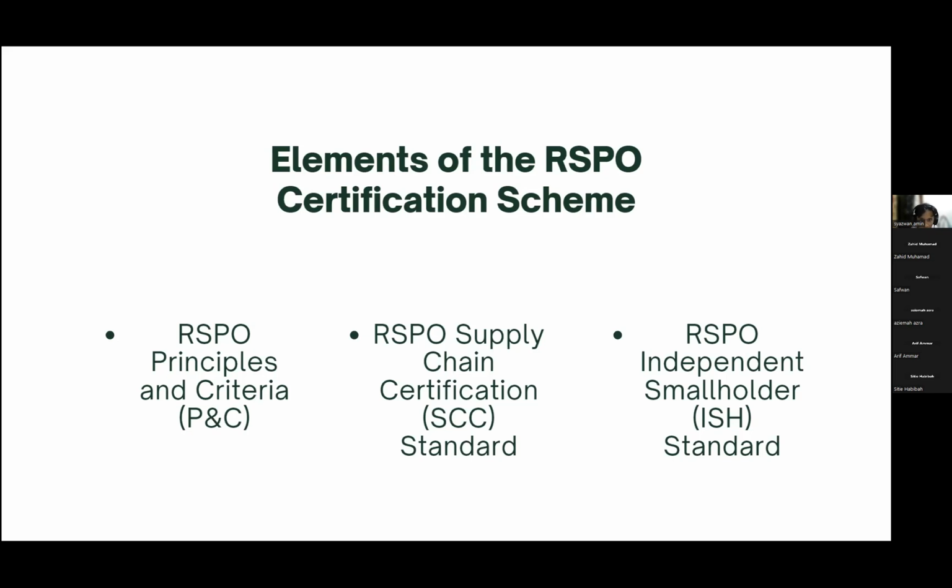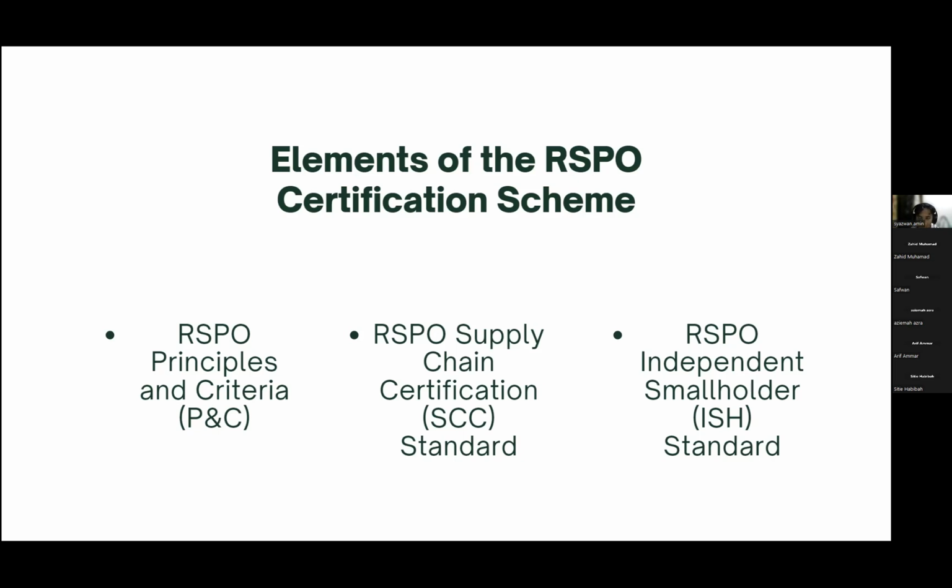Next is the RSPO Supply Chain Certification (SCC) standard, a set of environmental and social standards which RSPO member companies must comply with in order to produce certified sustainable palm oil.